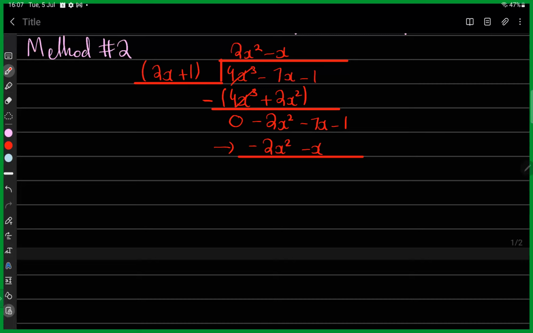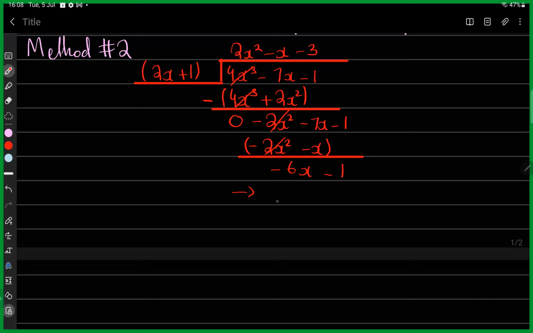And again, I'm looking for the difference. These two would be cancelled. Minus 7x plus x would give me minus 6x minus 1. And then I need minus 6x here, so I can multiply it by minus 3.